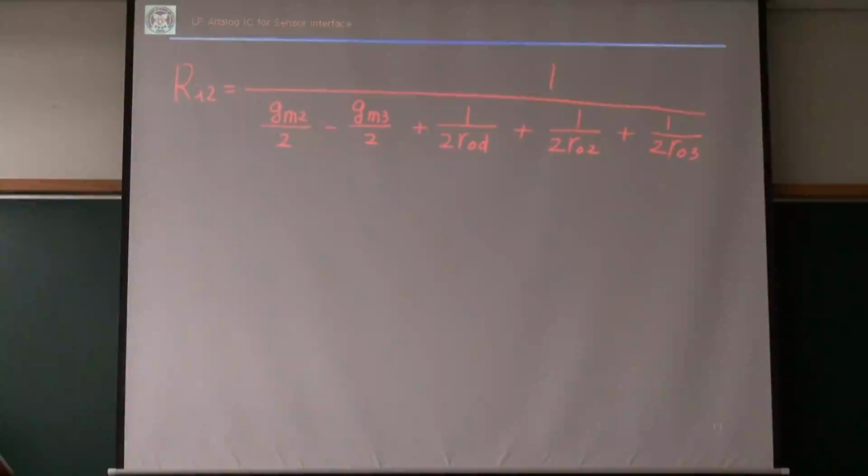Those GM things can be dominant. If I make them cancel each other, the other terms remain. So my voltage gain, which is VOD divided by VID, should be just ID, which is GM driver, times Ri2.